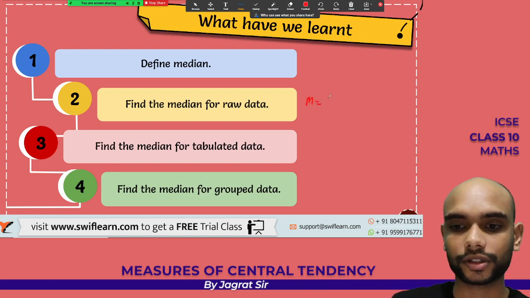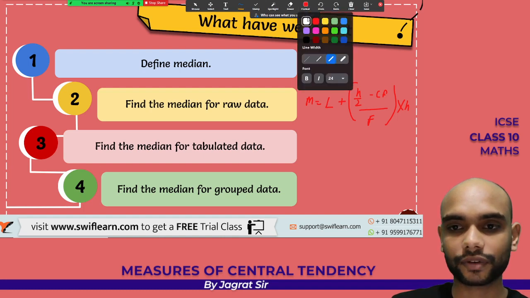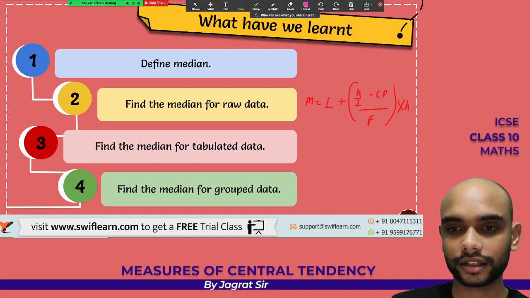So median is equal to, what was it? L plus, bracket start, n by 2 minus cf, upon f, into h. That was the formula method, where L stands for lower limit, n by 2 comes from the sum of the frequencies, cf is the cumulative frequency, and f is the frequency of the median class.